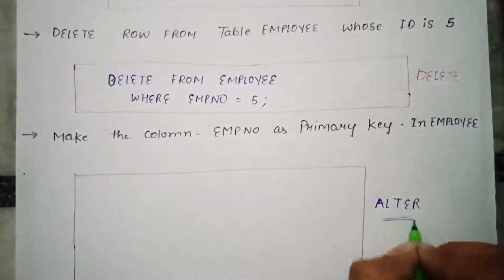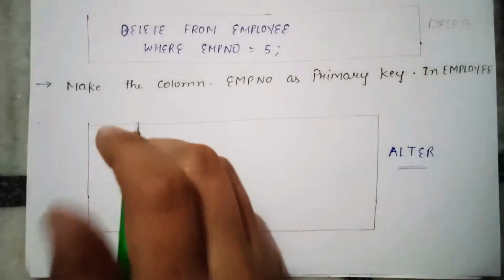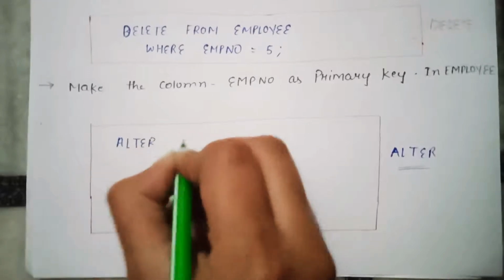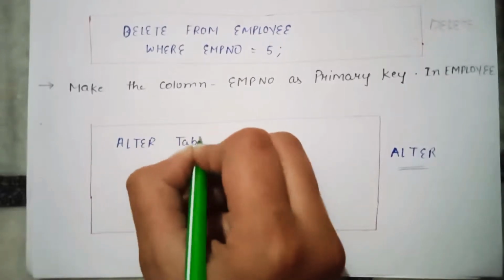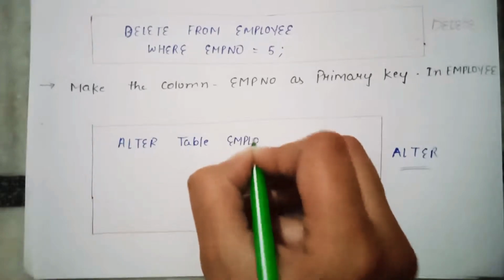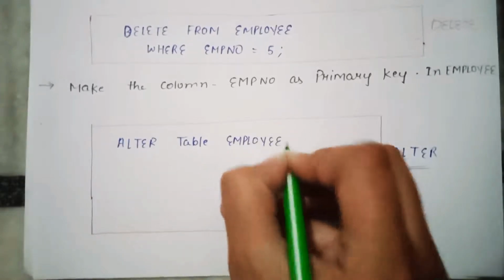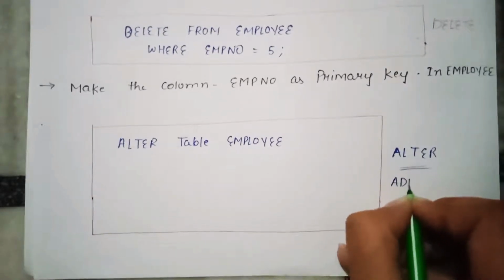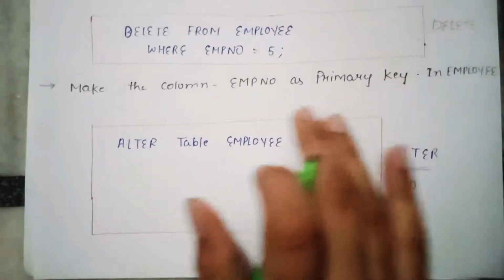So how do we do this? Here the query would be the same: alter table, and what is the name of the table? It is the employee table. Again with alter table we are going to use one more command, that is the add command, which will add a primary key to this column.